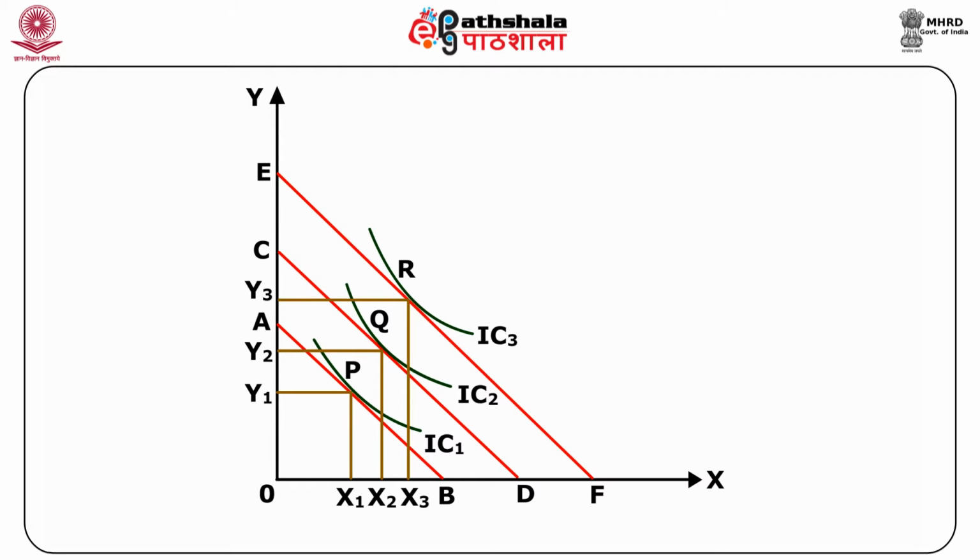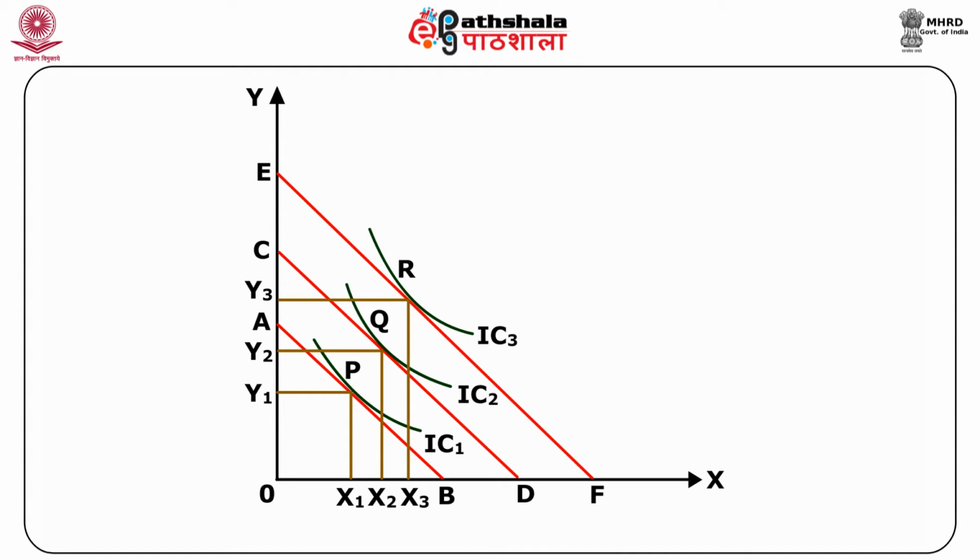Now, suppose the income of the consumer increases from M1 to M2. With this increase in income, the consumer will now be able to purchase larger quantities of both the commodities. As a result, the budget line shifts rightward parallel to the original budget line AB. The new budget line representing M2 income level is shown by CD.